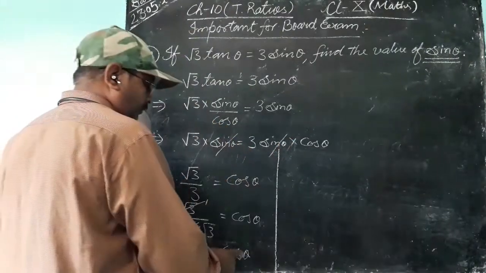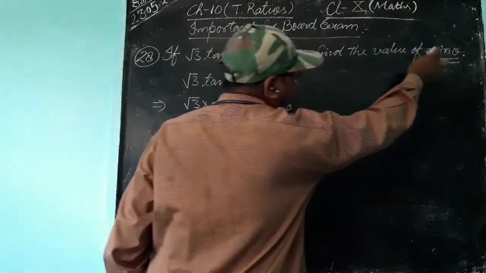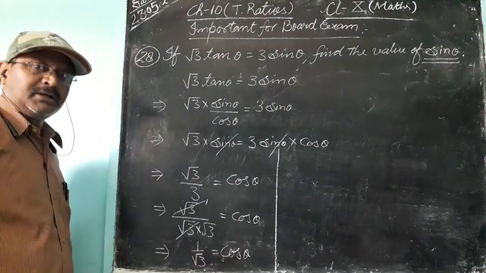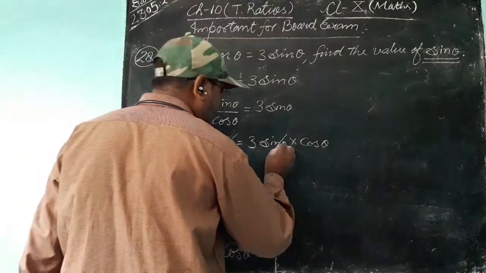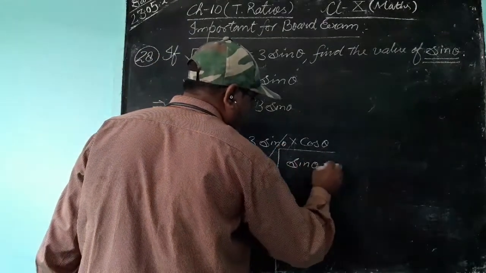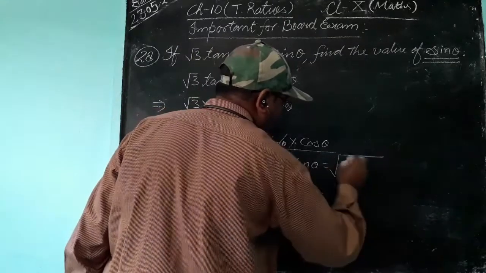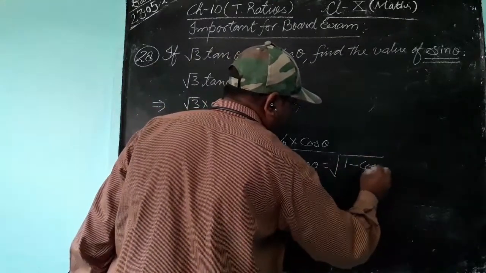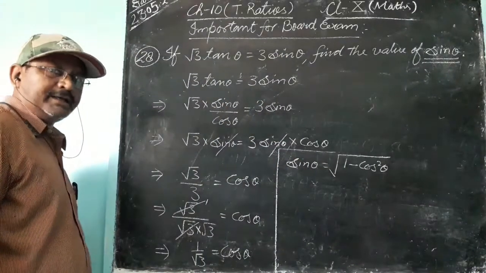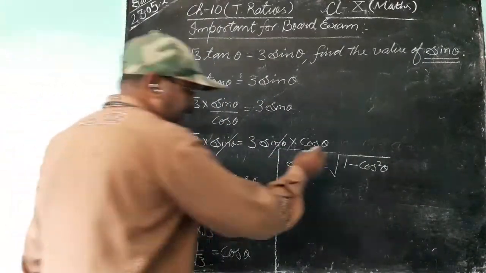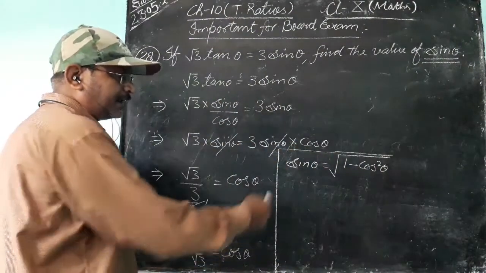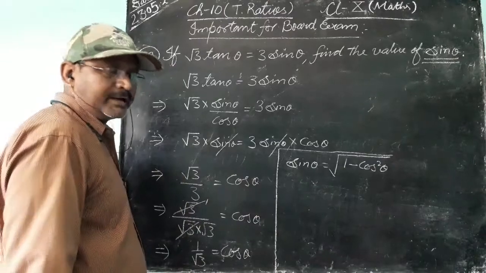Now we have to find sin theta with the help of this. So you know the identity: sin theta is equal to root of 1 minus cos square theta. In the previous lecture I explained that, it is an identity also. Clear?